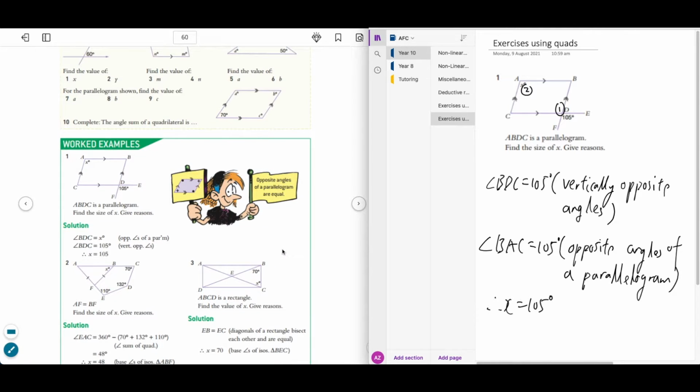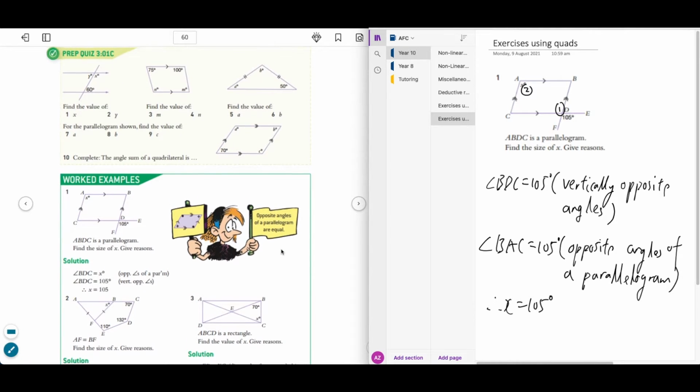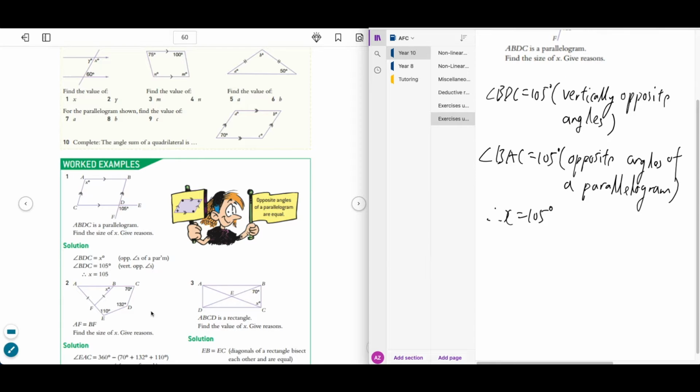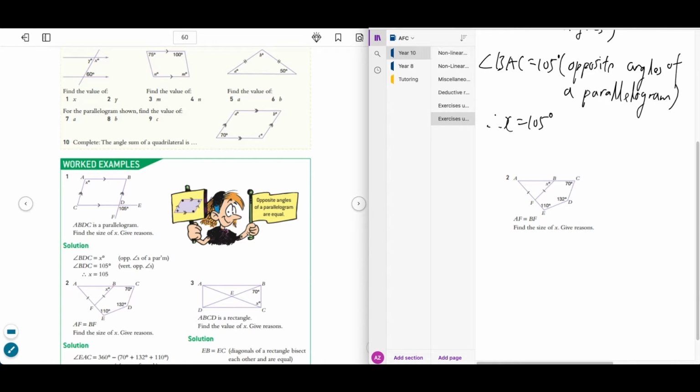All right, let's take a look at question 2. In this question, AF is equal to BF, as they've labeled the two lines here. Find the size of angle x, giving reasons.